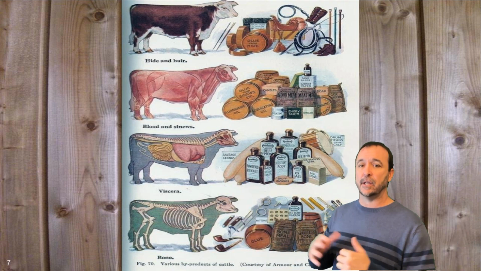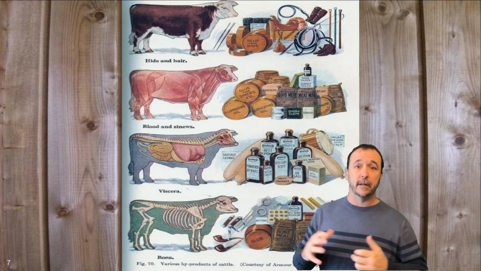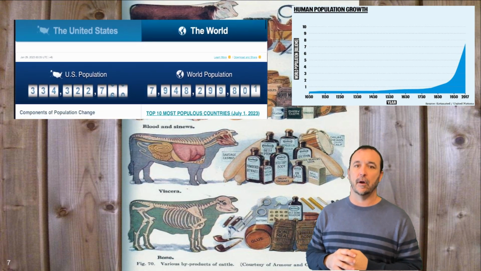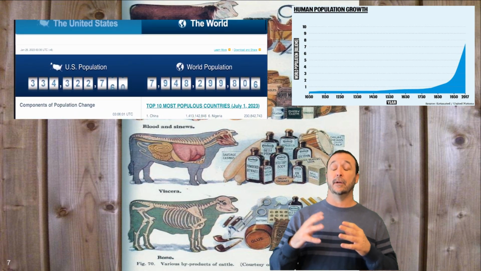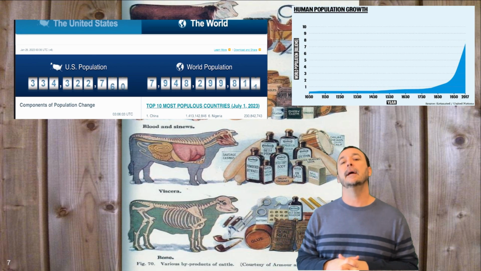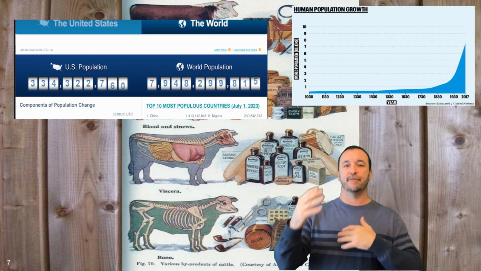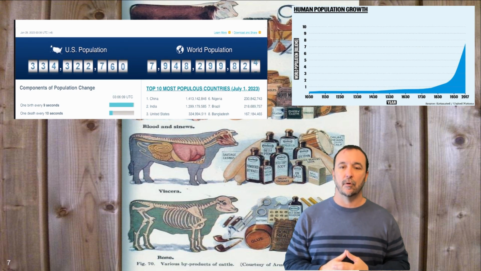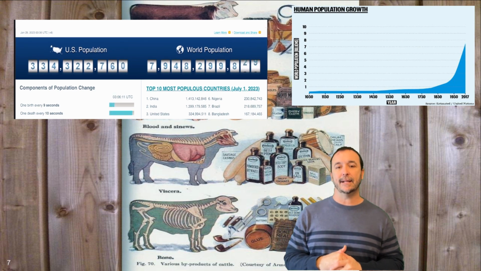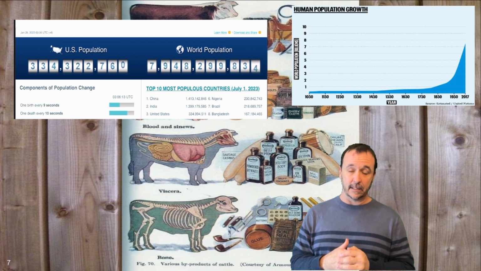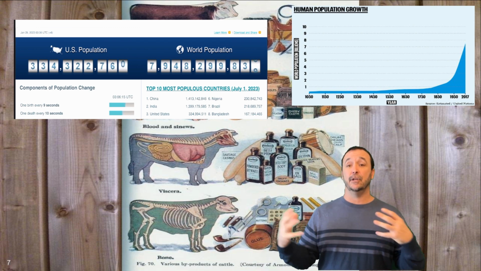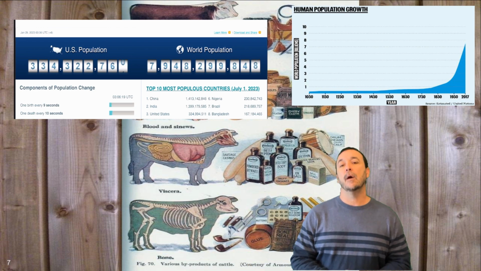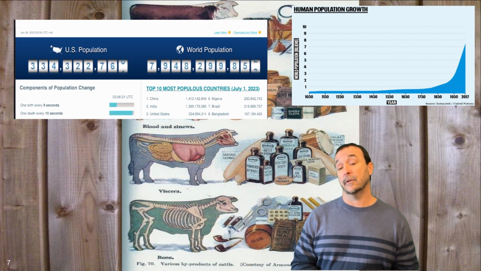As we established in our first unit, we have an ever-increasing population in this world that is showing no signs of slowing down. And we must find uses for every part of the animal when we consume it. It's not enough just to eat the meat. We must find uses for everything, and that's exactly what we are doing now and what we will continue to do for many years to come.